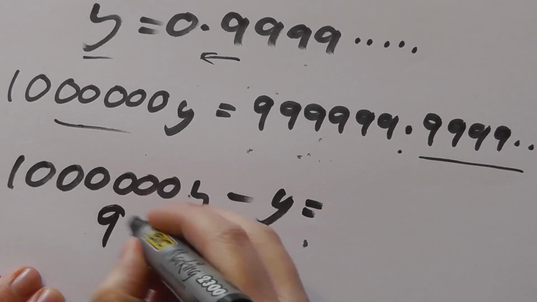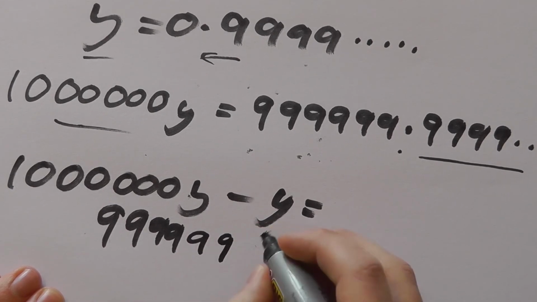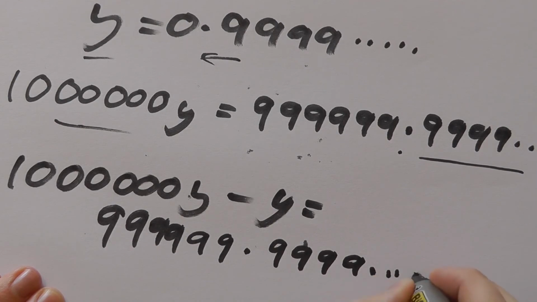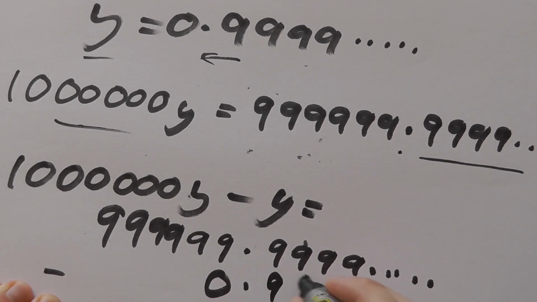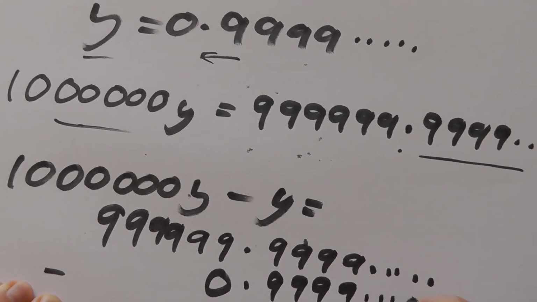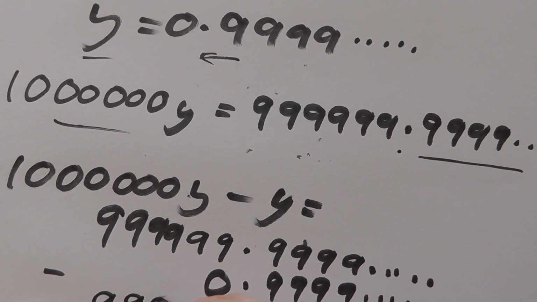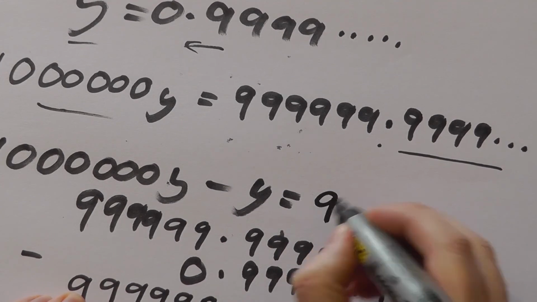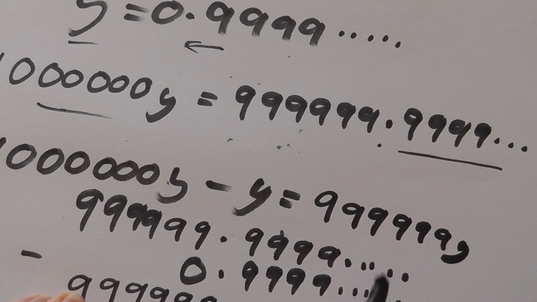Well, it's 999999.9999 going on forever minus 0.9999 going on forever, which is 999999.0, and that is 999999.